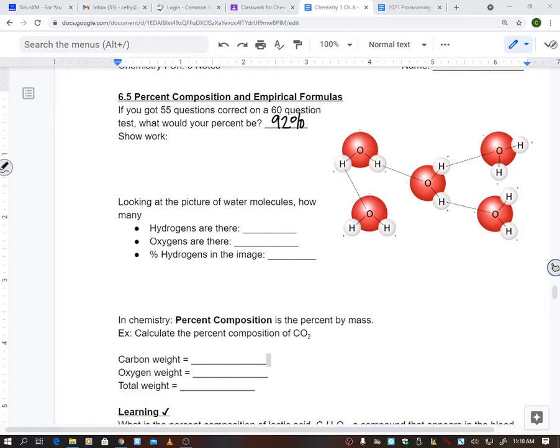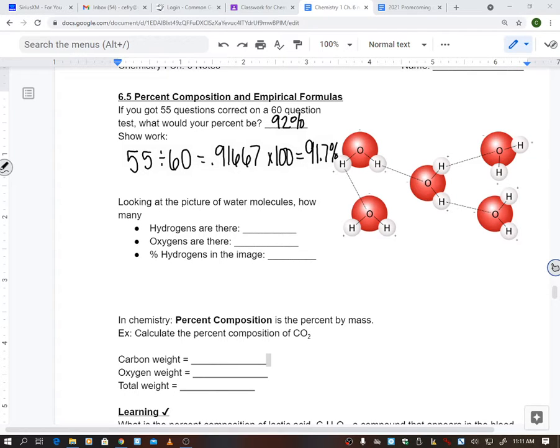Because what you do is you would take 55 divided by 60, and that would equal 0.91667, and there's more numbers. And then you're going to multiply that by 100, or just move that decimal 2 spots over, and that gives you 91.6%. Or I guess it'd be 91.7 if I were rounding correctly.